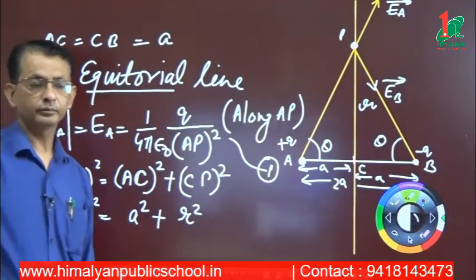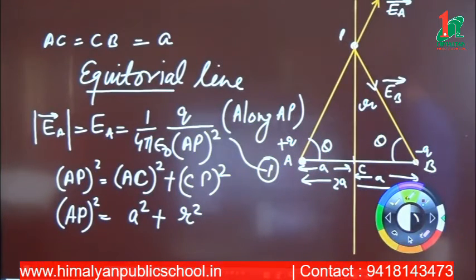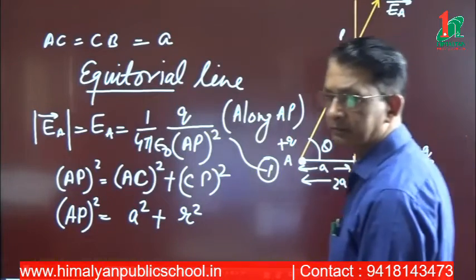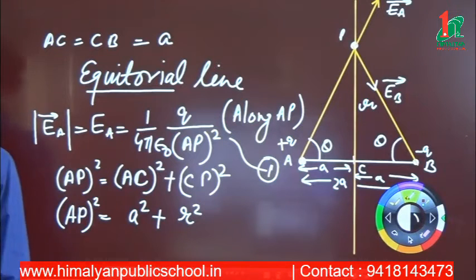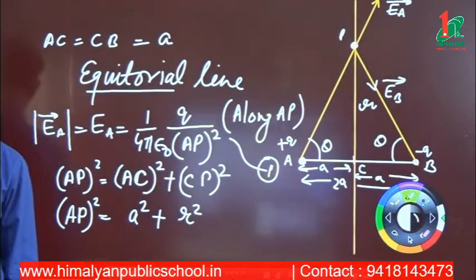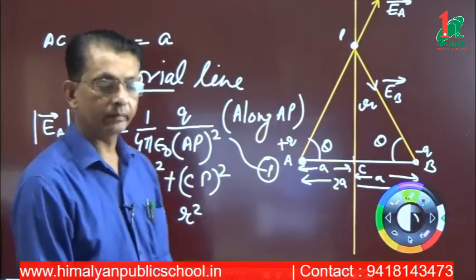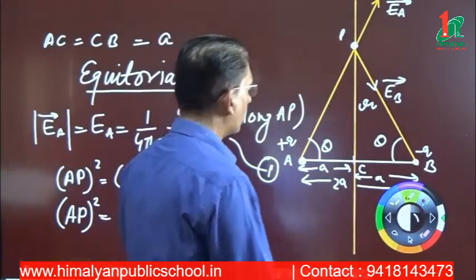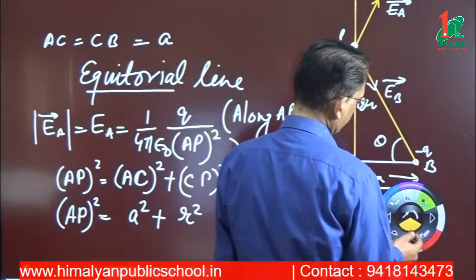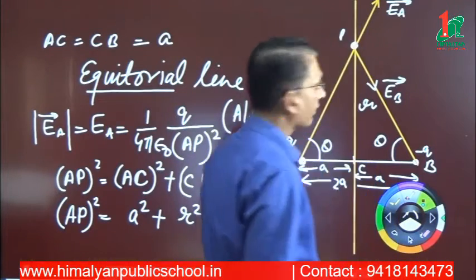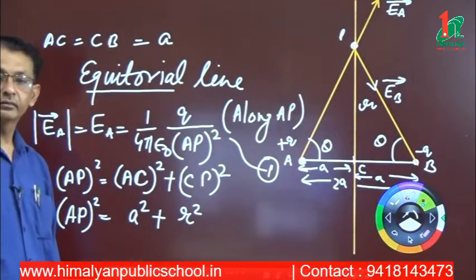Now write down, EA vector and EB vector will have horizontal and vertical components at point P. Now look at the screen.